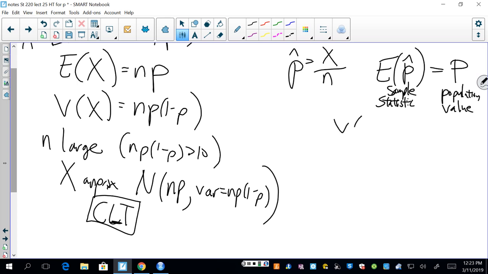And the variance of p hat, well, when you divide by n, you get an n squared in the bottom. So the variance of p hat is p times 1 minus p over n. And if X is approximately normal, it turns out that p hat also is approximately normal.